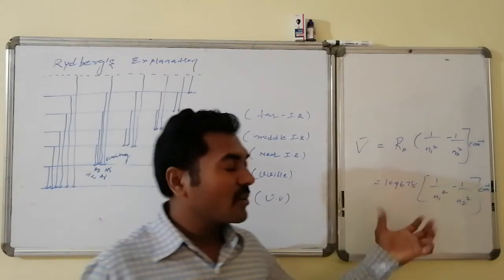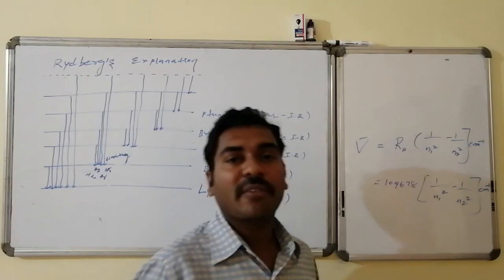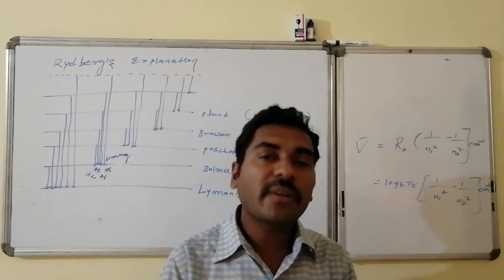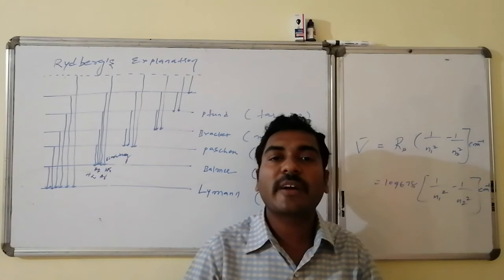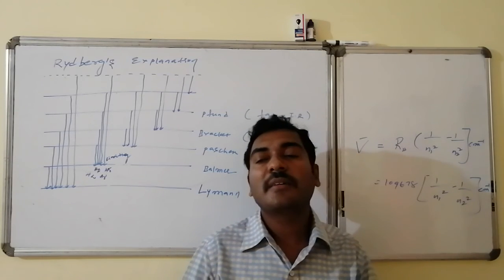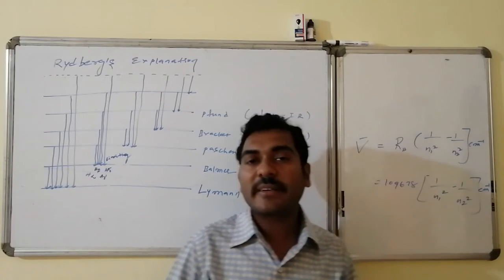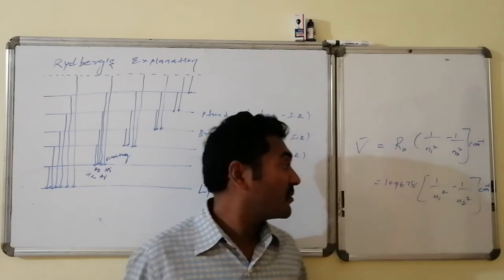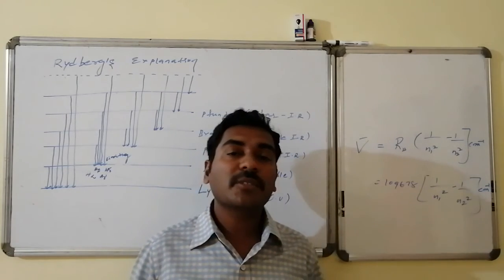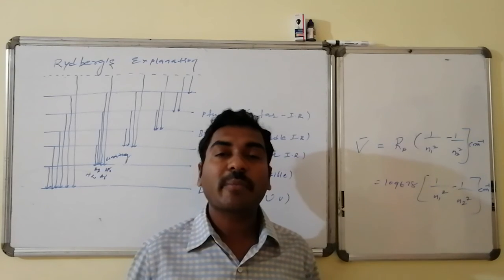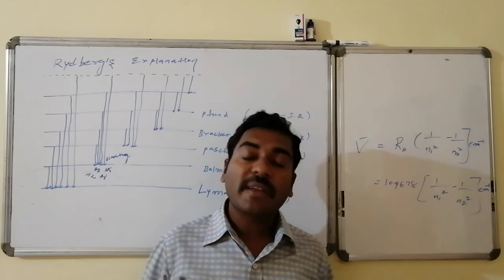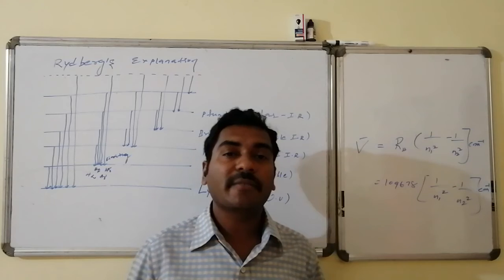So with this particular formula we can calculate the corresponding wave numbers. Otherwise, all wave numbers obtained in the broad spectrum of the hydrogen atom are correlated and represented in the form of a formula by Rydberg, and that formula is: wave number equals 109,678 of 1 by n1 square minus 1 by n2 square in terms of centimeter inverses.